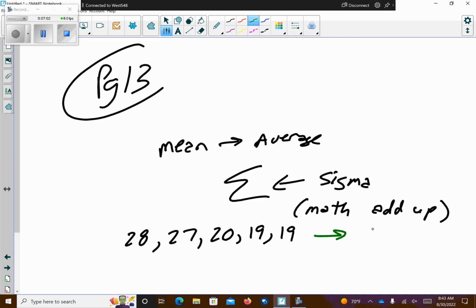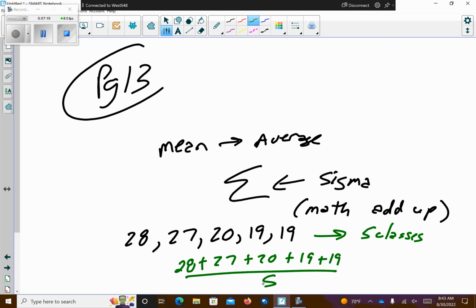All right, so if I'm going to do this, first off, how many classes are we talking about? 5. Okay, so we have 5 classes. Somebody with your phone, would you please add this up for me? What does the numerator give me? 113.